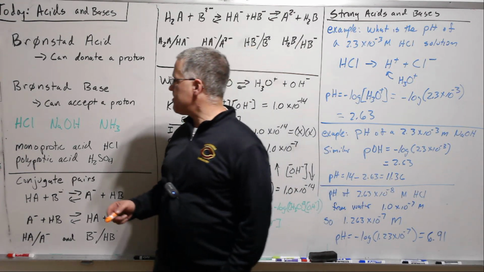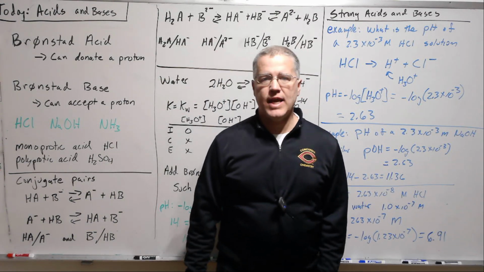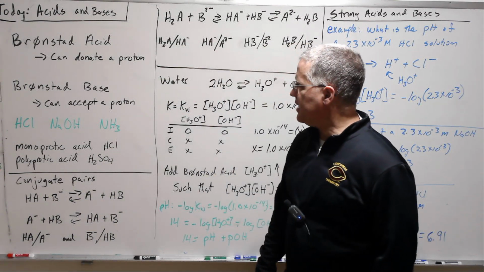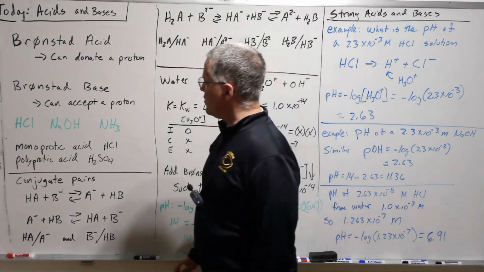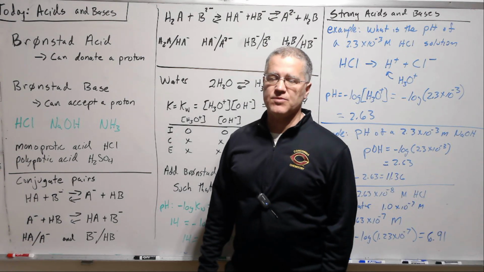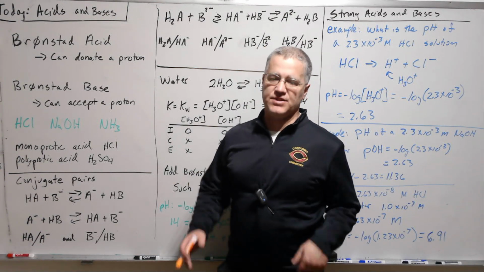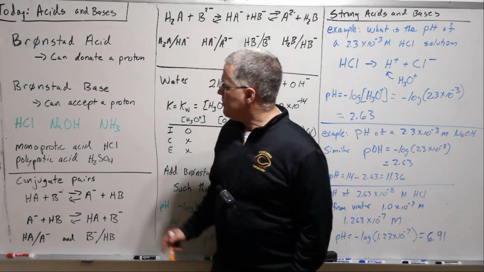And here we consider an acid as anything that can donate a proton, and we consider a Brønsted base anything that can accept a proton. So certainly all of the electrolytic acids and bases are Brønsted acids and bases. So it's a broader set than that. But here's an example.